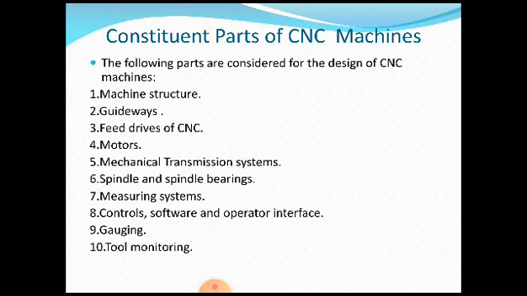If you go back to the construction of a lathe machine, you will understand that the lathe bed is the main part of the lathe machine, because it is responsible for supporting your headstock, tailstock, carriage, etc. Like that, even in CNC machines, the machine structure design plays a very important role as far as the function of the CNC is concerned.